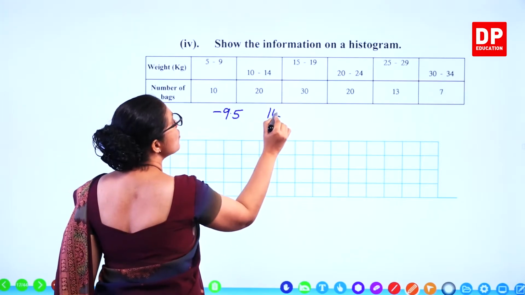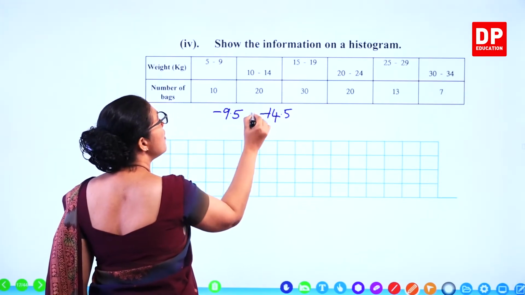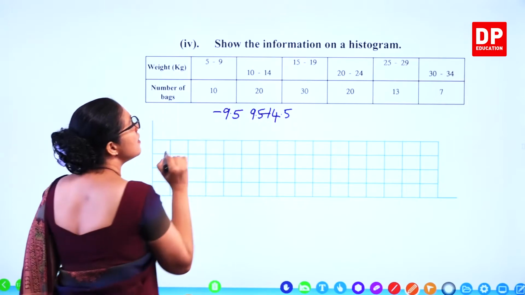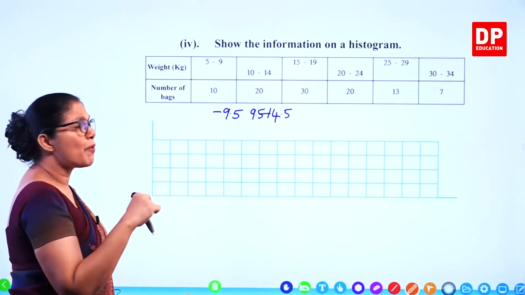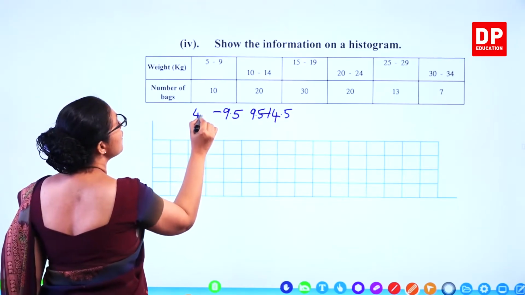9.5, 14.5. Here the lower boundary becomes 9.5. Here what's the lower boundary? 5 minus 0.5, so 4.5.